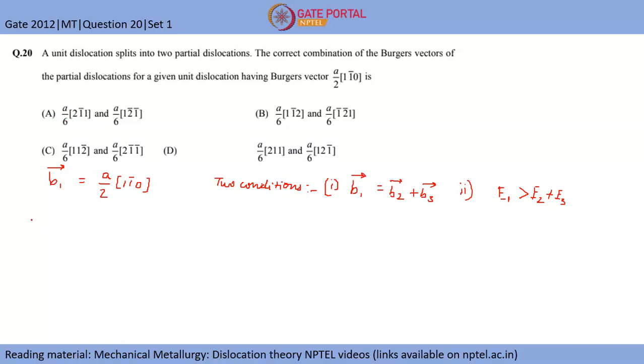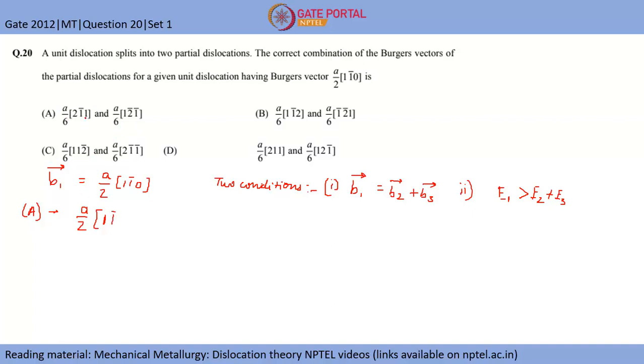For option A, we will add these two things. 2 plus 1 is 3, 3a by 6 is a by 2. So I will write a by 2 in common, with 1 being the addition of the x part, and we will solve for y. Minus 1 minus 2 is minus 3, minus 3 by 6 will be minus 1 by 2. So this will be 1 bar.